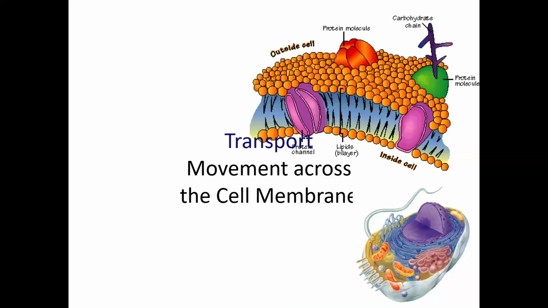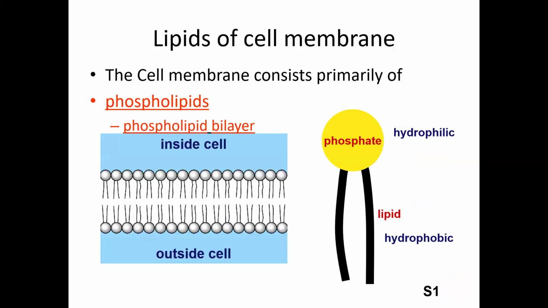And this cell membrane is made of some components, and these components include, number one, lipids. We have lipids in the cell membrane.